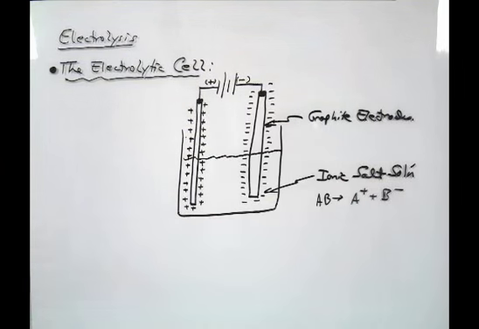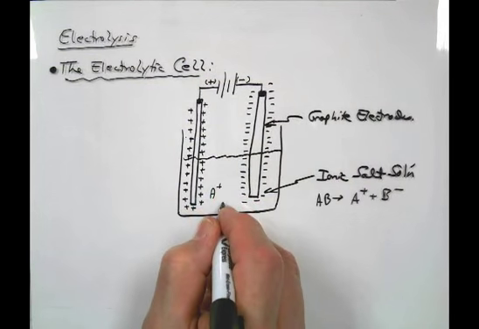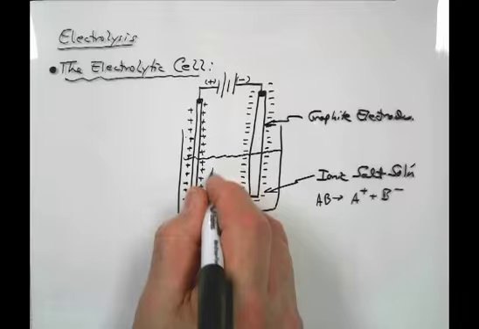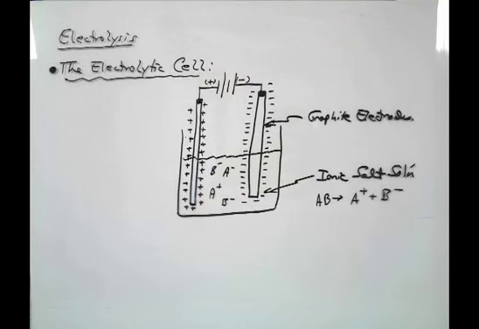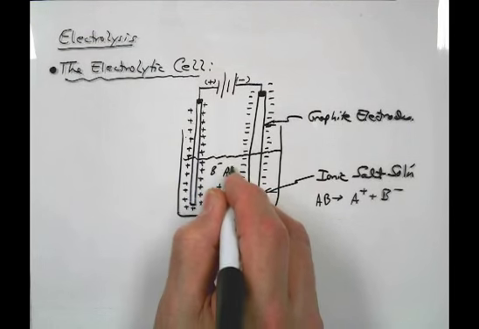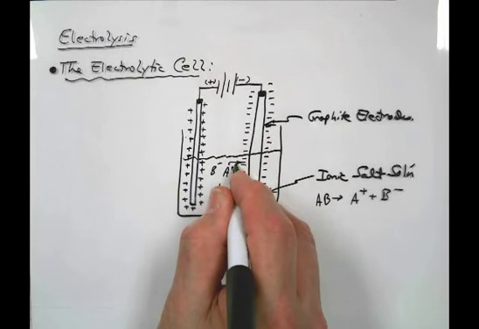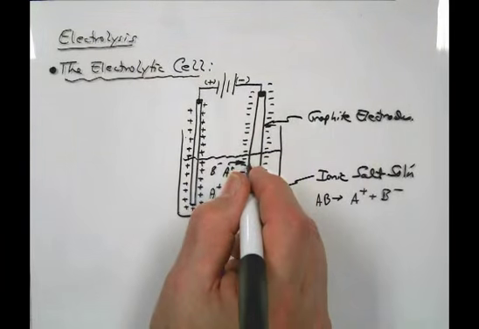Now, once that has been connected, keep in mind we have cations and anions in the solution, right there. And then these are attracted to the electrodes, opposites attract. That is, we find the cations being attracted to the electrode over here.